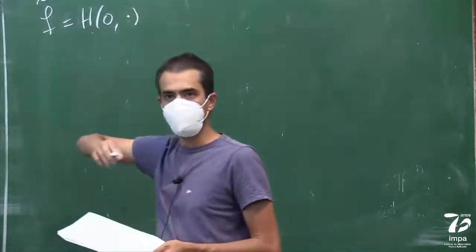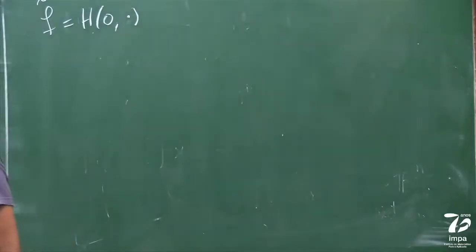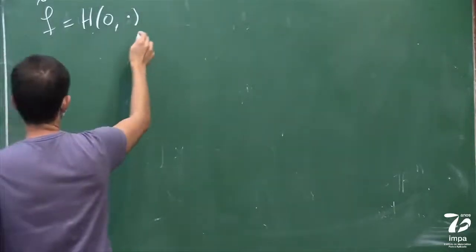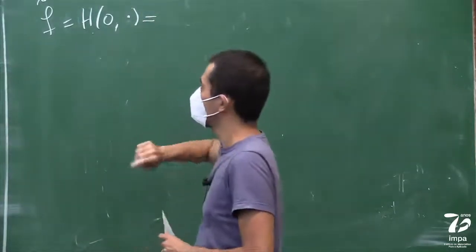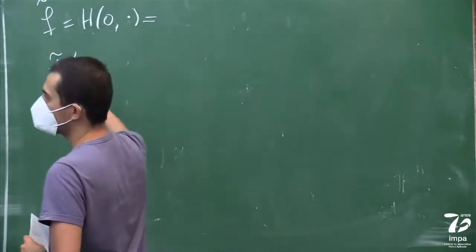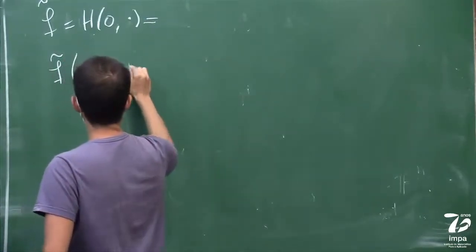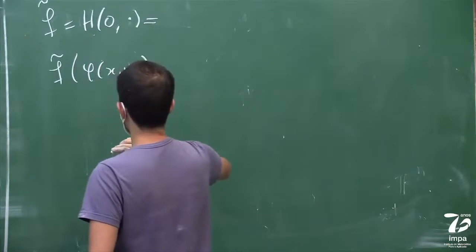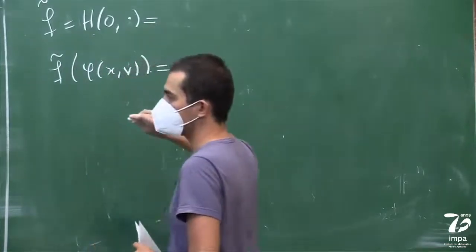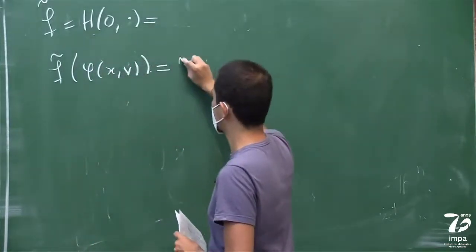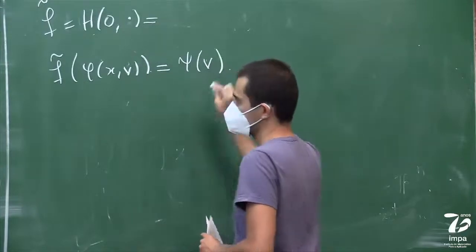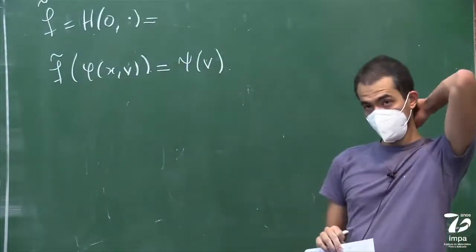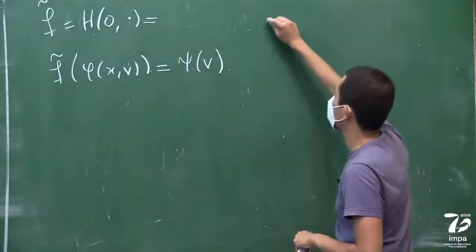And by construction, it satisfies this property because when you apply f tilde to phi of xv, that's just equal to psi of v, where psi is my stereographic projection.